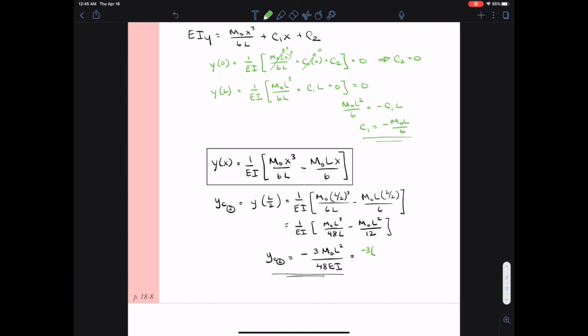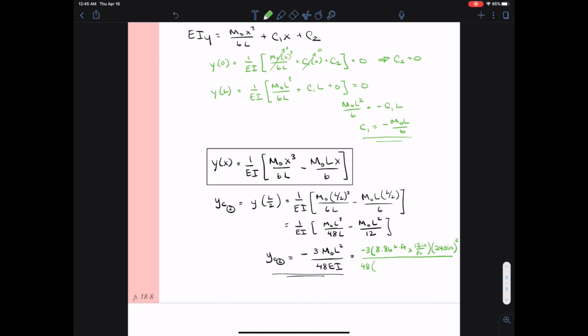It's probably prudent to go ahead and plug in our values for each of these, making sure that we keep our units consistent. So I'm going to put everything in kips and inches. So I'm going to convert M0 from kip feet into kip inches. I'm going to keep L in units of inches.